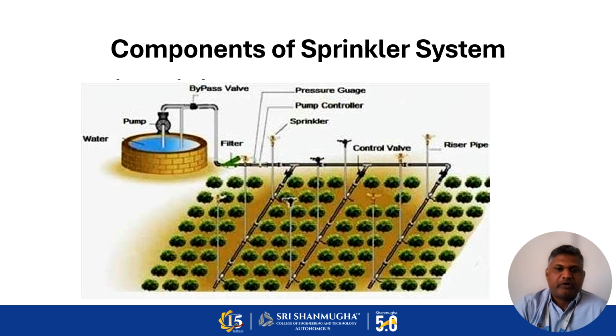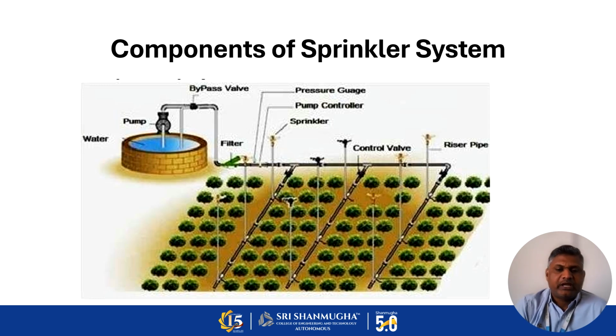The primary filters are meant for larger size particles. For example, open wells may contain some decayed leaves and other inert materials. We have to filter them, so for that, primary filters such as sand filters or hydrocyclone filters are used. Further, when fertilizers are applied and the fertigation system is adopted, we must use secondary filters such as a disc filter and a screen filter.